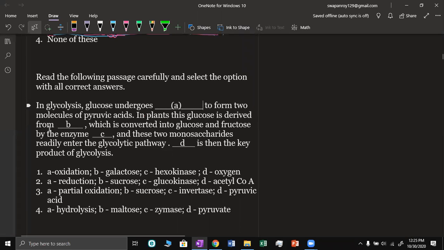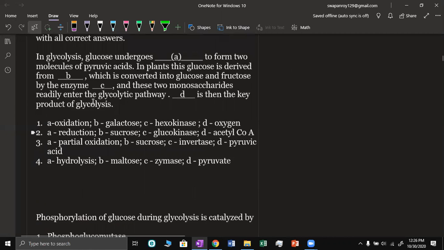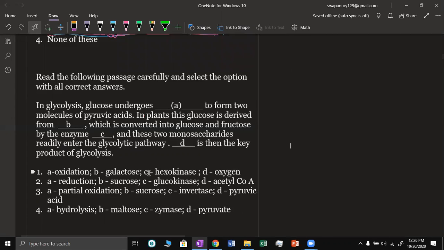This glucose is derived from, converted into C. You have to find out what C is. These two monosaccharides readily enter the glycolytic pathway. D is then the key product of glycolysis. Here in our options, option number 1: A is oxidation, B galactose, C hexokinase, D oxygen.